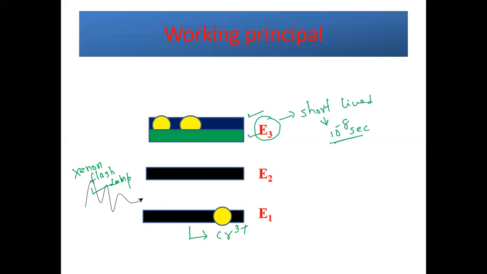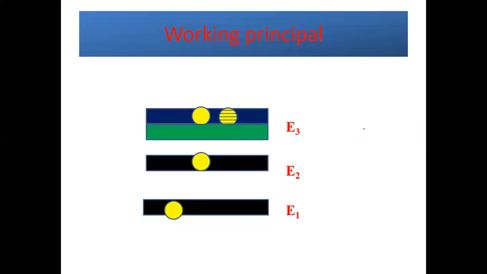After this time duration, the excited chromium atoms decay to the E2 energy level. This transition from E3 to E2 is a non-radiative transition.